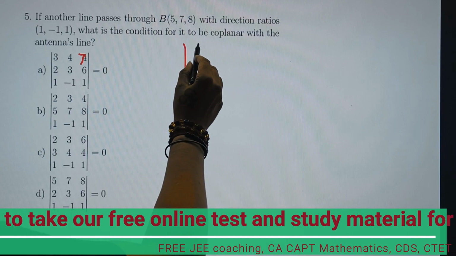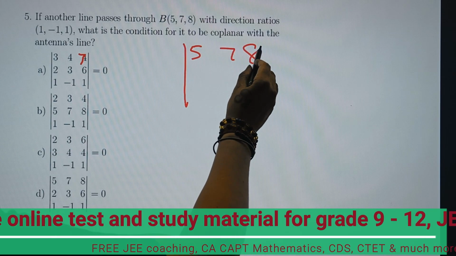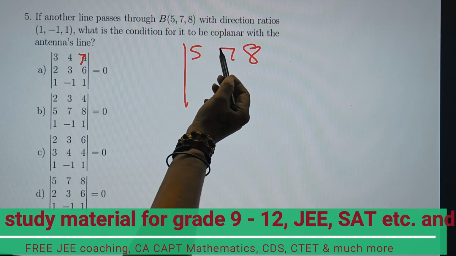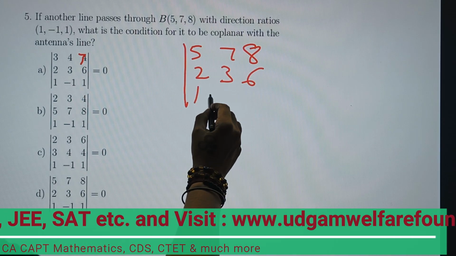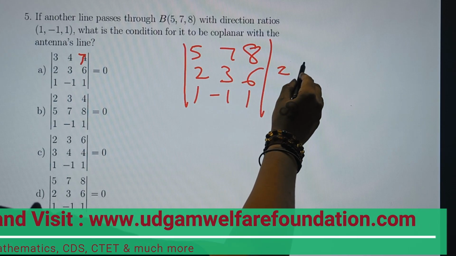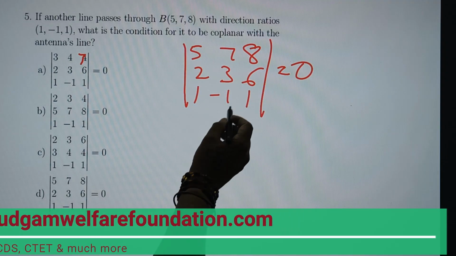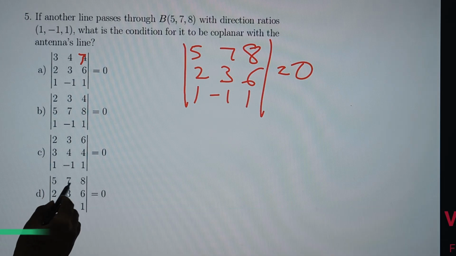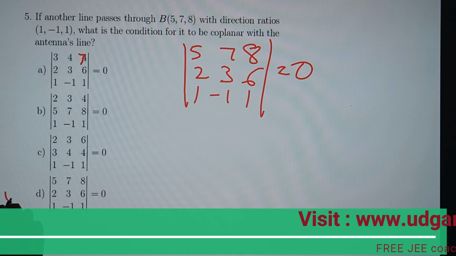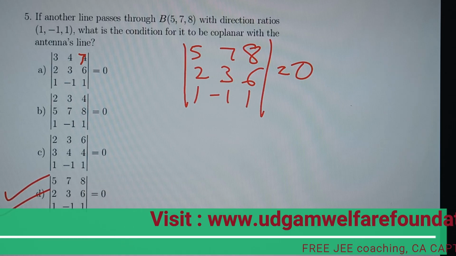So hence we can write 5, 7, 8, and the DR of the antenna line, 2, 3, 6, and 1, -1, 1 equal to 0. If we compare with the given options, then 5, 7, 8, 2, 3, 6 and 1, -1, 1 is our correct answer here.